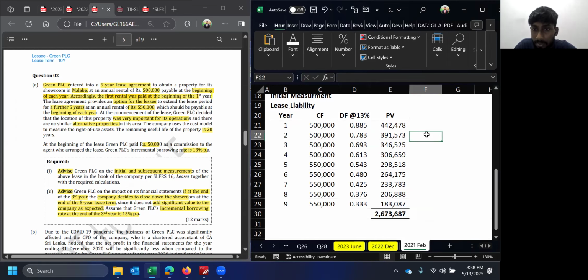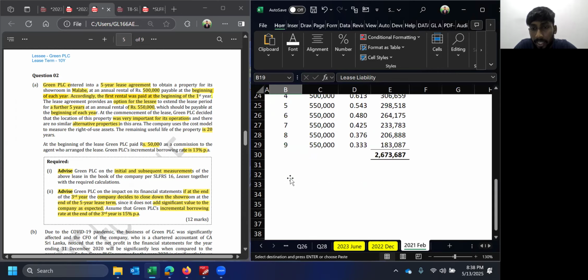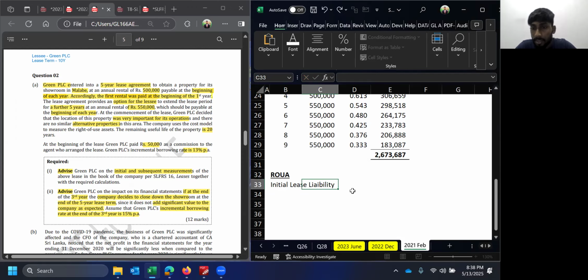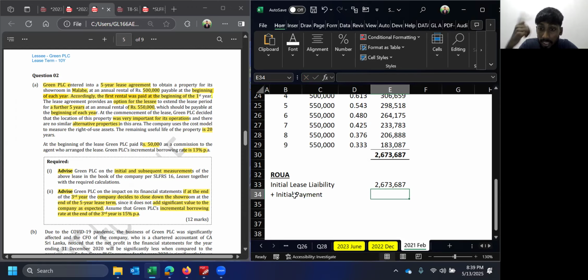Okay. Now, after measuring the initial lease liability, we have to go for the right of use asset. So within that, I have the initial lease liability, which is 2.6 million. For that, I have to add what? I have to add the initial payment, the first year's payment, 500,000.